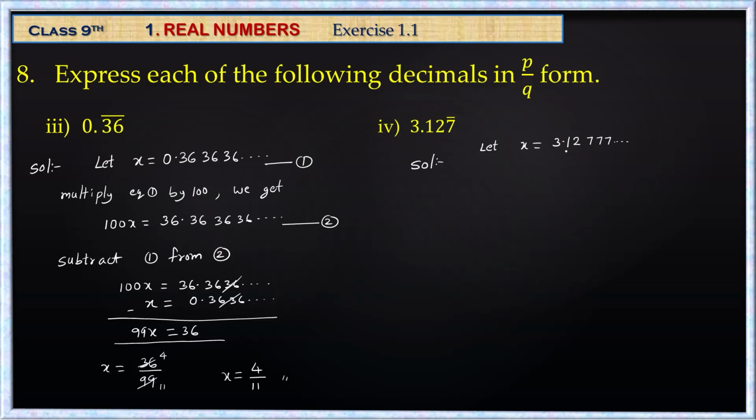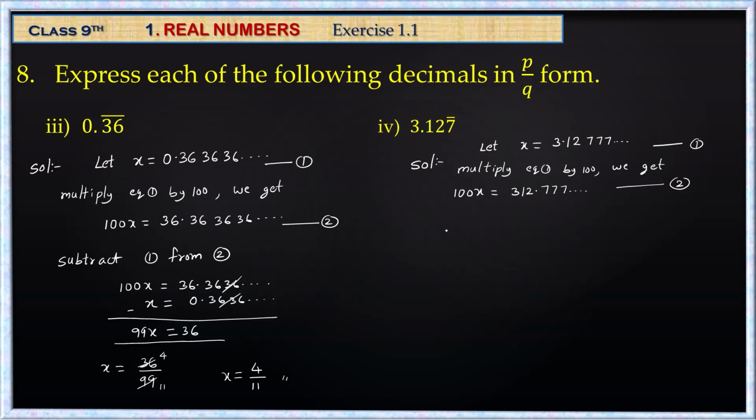By multiplying with 100, we can move the non-repeating digits to the left side. Call it as equation 1. Multiply equation 1 by 100. We get 100x is equal to, decimal point moves 2 steps right side, 312.777 and so on. Call it as equation 2.